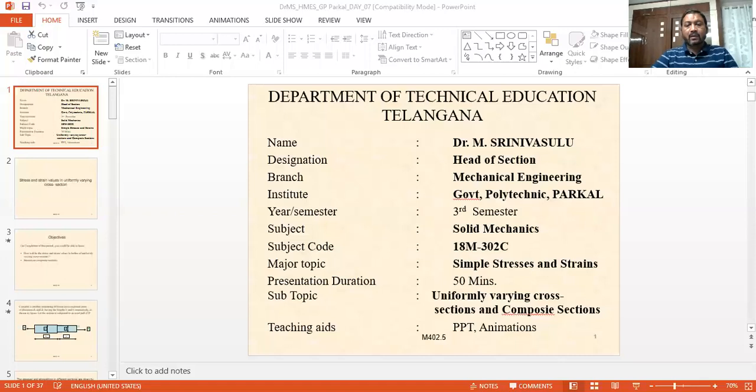The subtopic is the stresses in uniformly varying cross sections and also in composite sections.